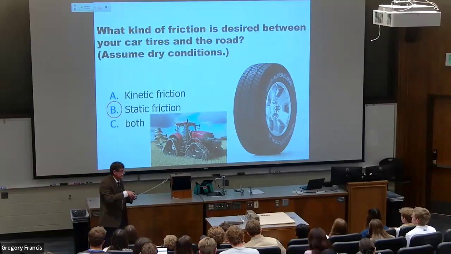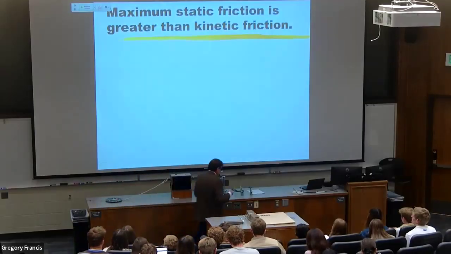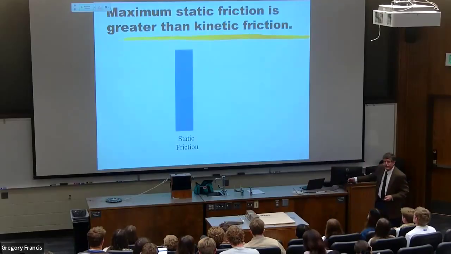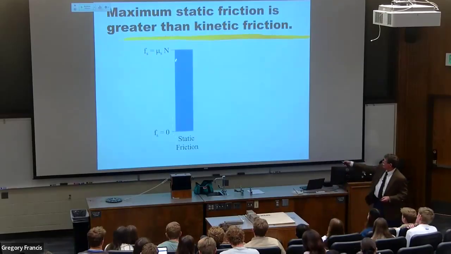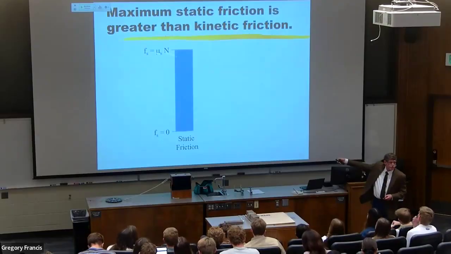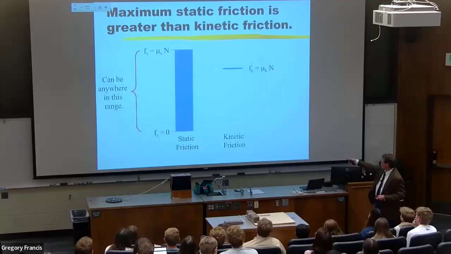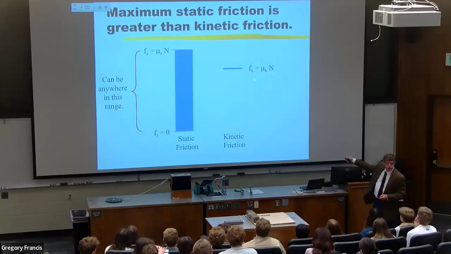Okay? Now, here's a summary. Static friction can be anything in this range from 0 up to this maximum amount. Anywhere in there. But kinetic friction always just obeys this formula right here.